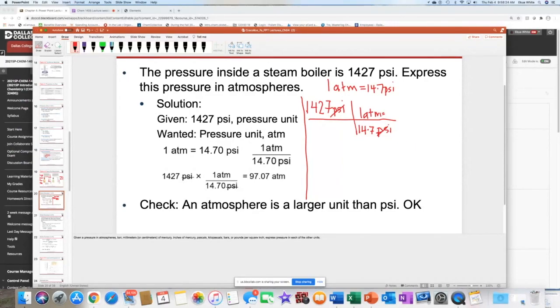I think they did that, and to confirm their answer, 1427 divided by 14.7. Yep, same thing. 97, ooh, 0.07 atm. It's a lot harder to write with your mouse. But yep, that's it for that one.